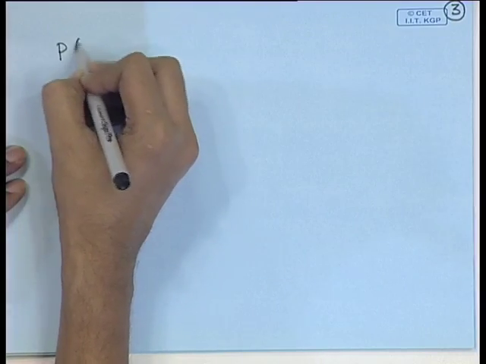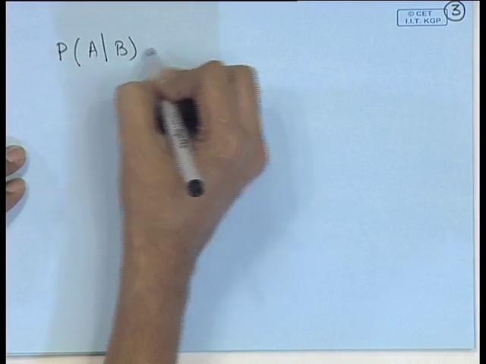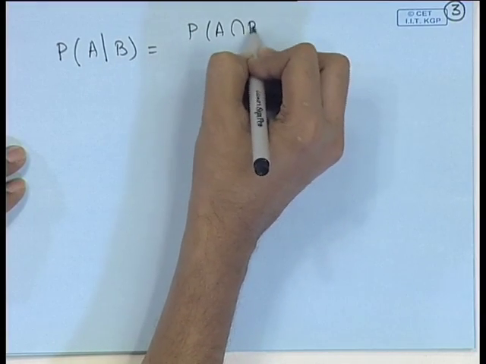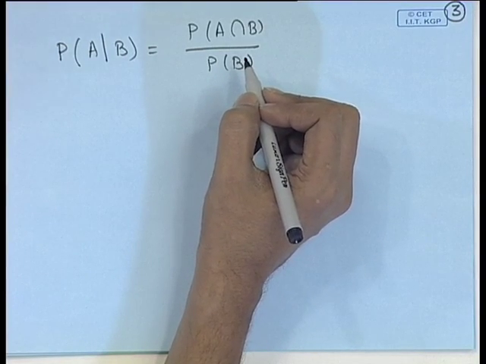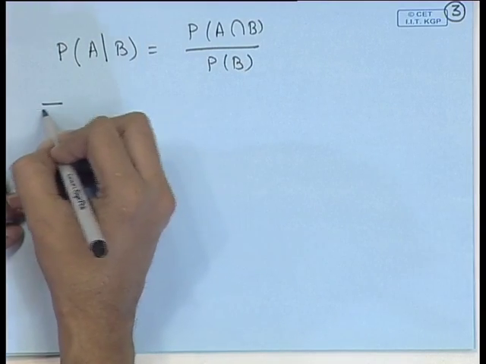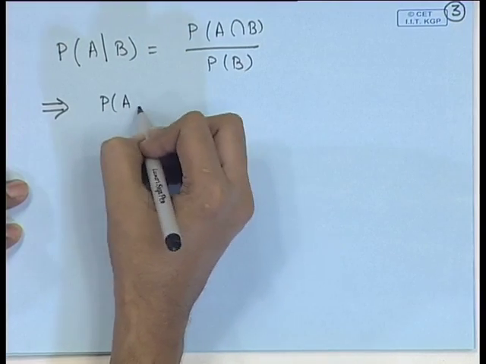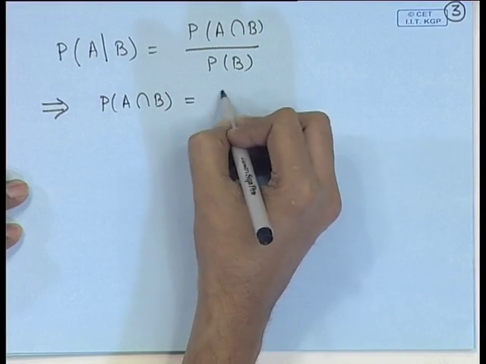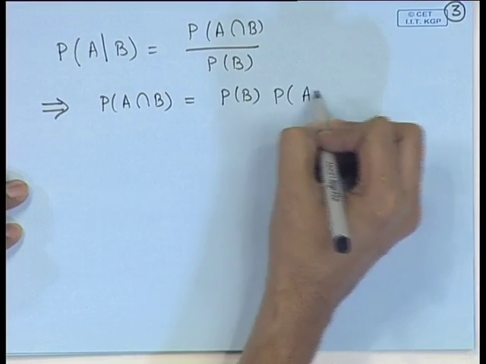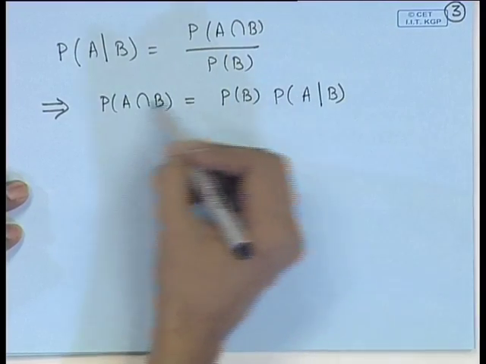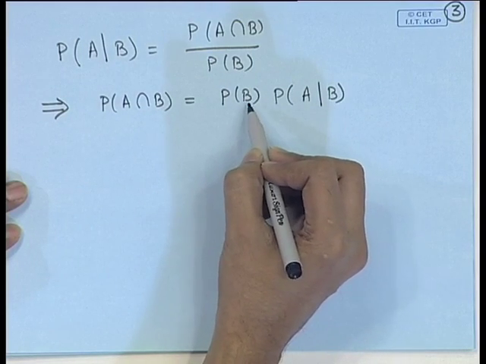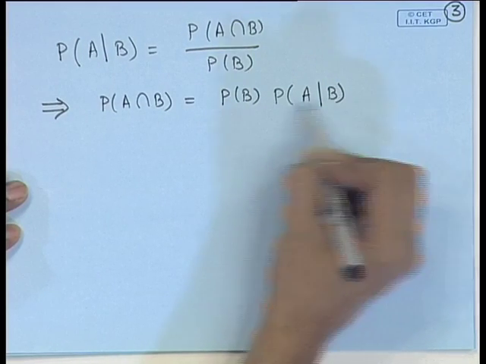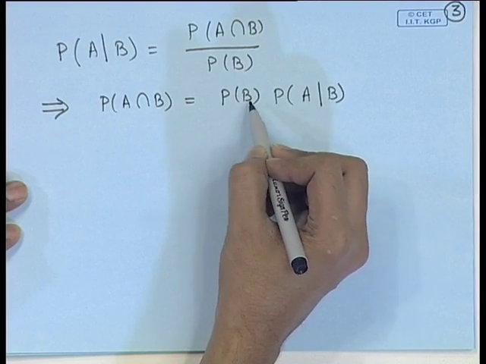Let us consider the statement probability of A given B is equal to probability of A intersection B divided by probability of B. This statement we can write as probability of A intersection B is equal to probability of B times probability of A given B. An interpretation of this statement is that the probability of simultaneous occurrence of A and B is equal to the conditional probability of A given B multiplied by the probability of B alone happening.